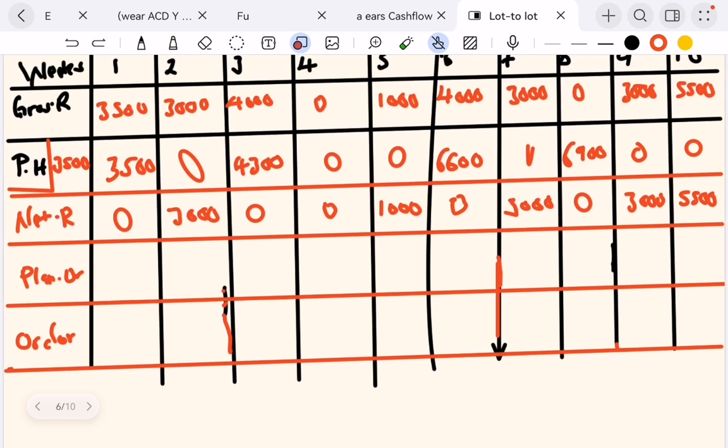On the planned order, it will be where there is a number. Here there's 0, we're not putting anything. Here there's 3,000, we'll put 734.8. So you need to demonstrate these calculations in case a question like this comes.